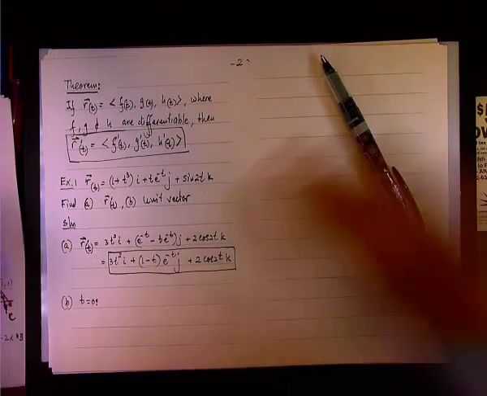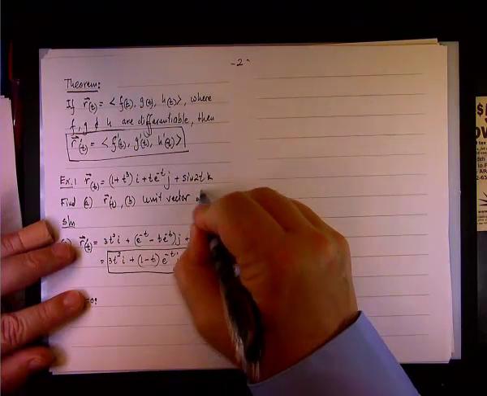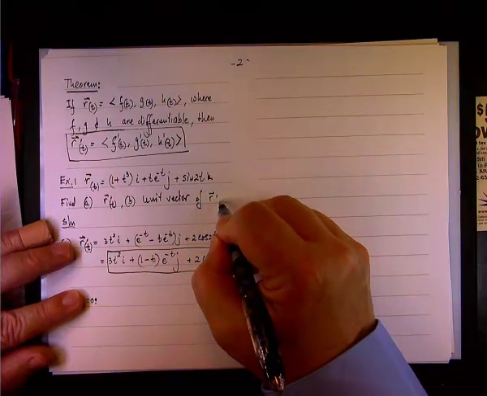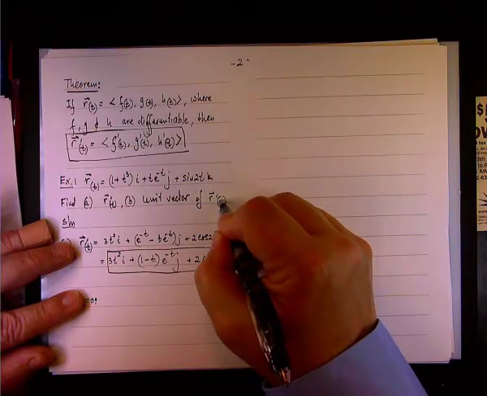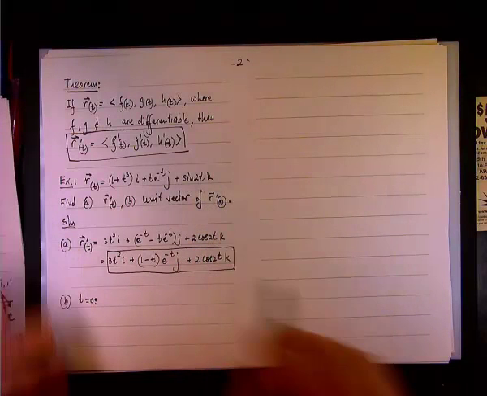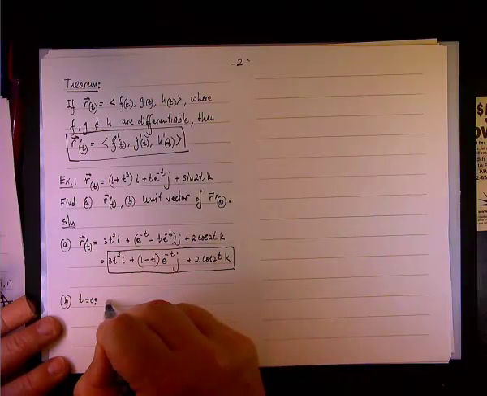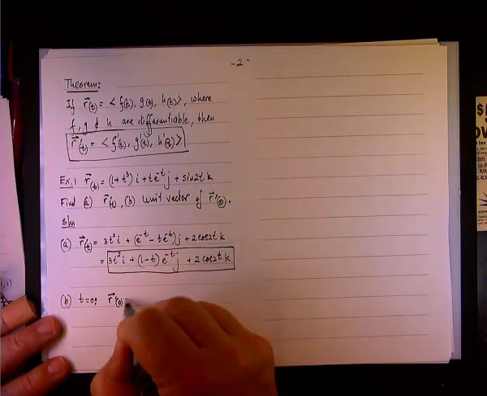The unit vector, so let me change that to of r prime, at t equals 0.